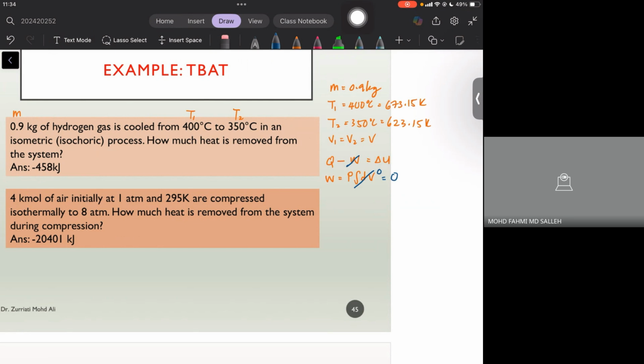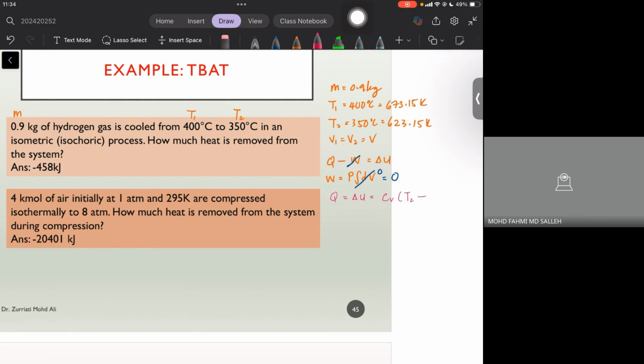What's left is Q equal to the change in internal energy, which equals Cv, the specific heat at constant volume, times the difference between the temperature at state 2 and state 1.